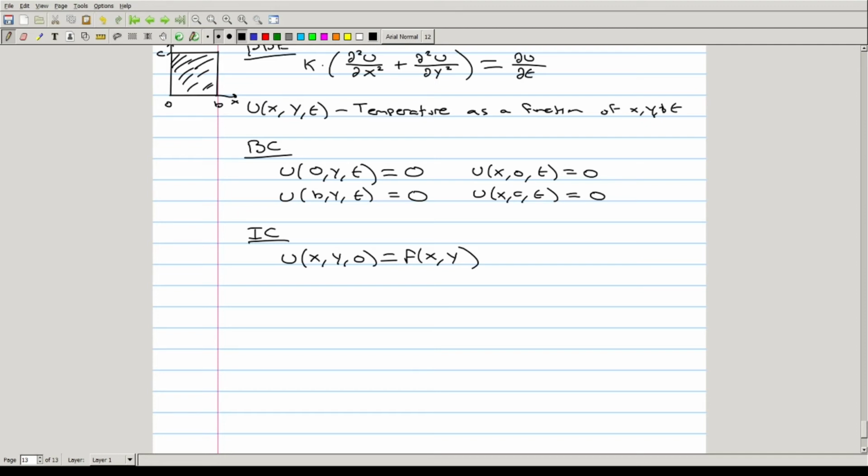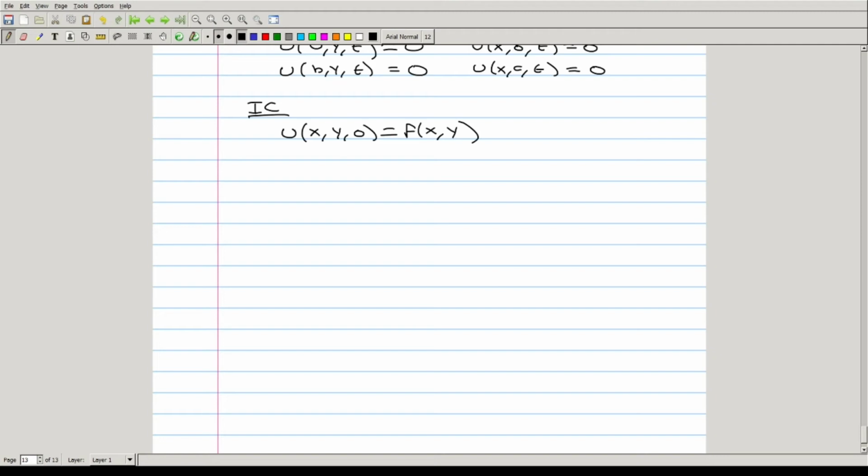And just like before, we start with step 1, which is the ansatz of looking for solutions that are separable, or of the form of a function of x times a function of y times a function of t.